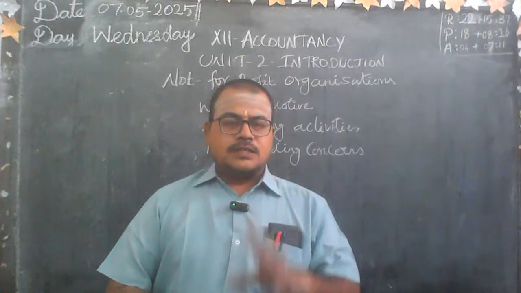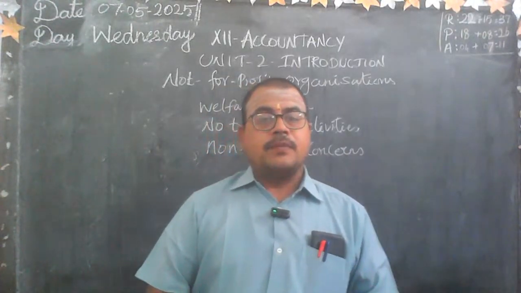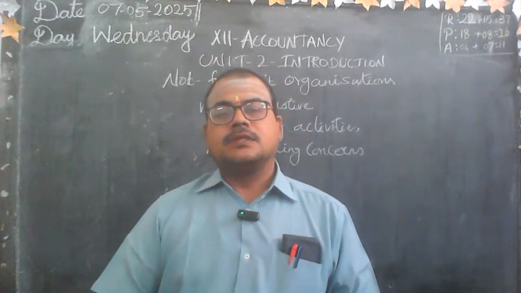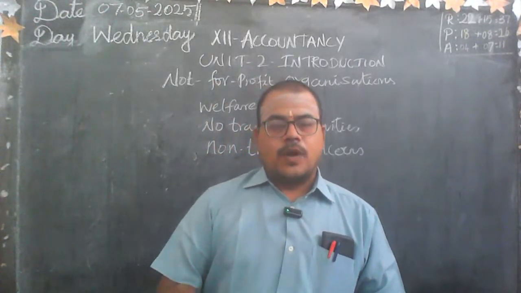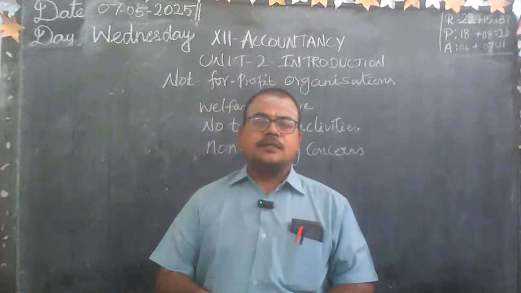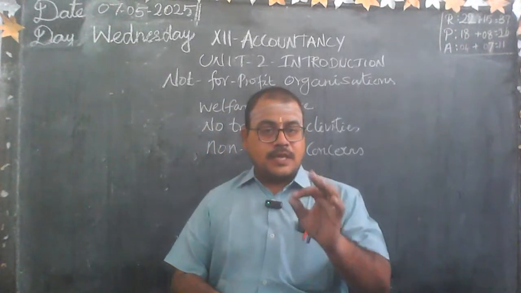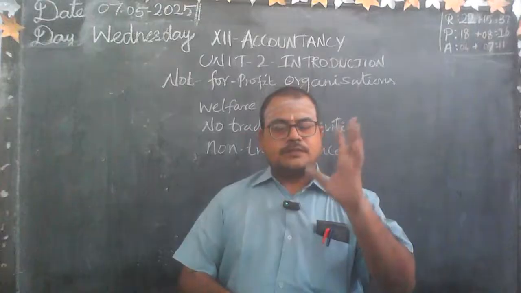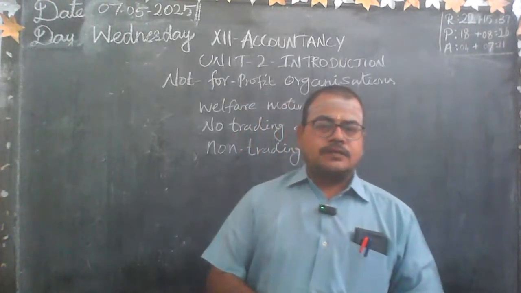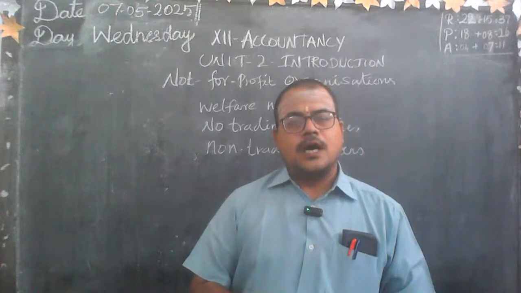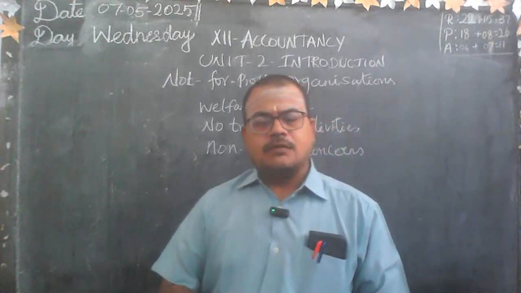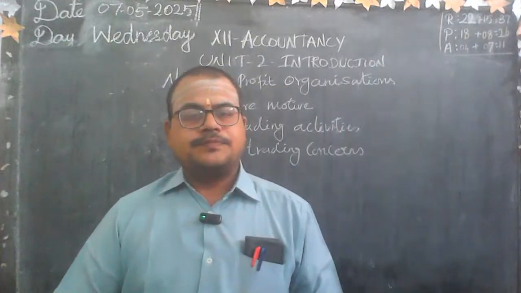First one is the receipts and payments account. This account only deals with cash transactions and it resembles a cash book. In the 11th standard, we studied the 3-column cash book. The receipts and payments account is similar to the cash book.